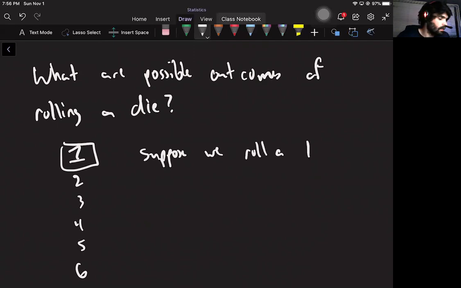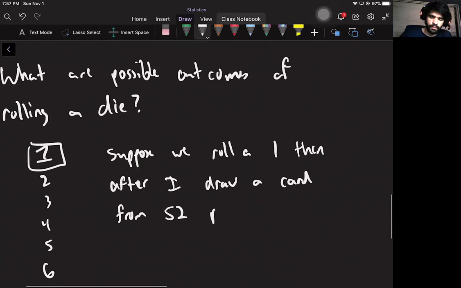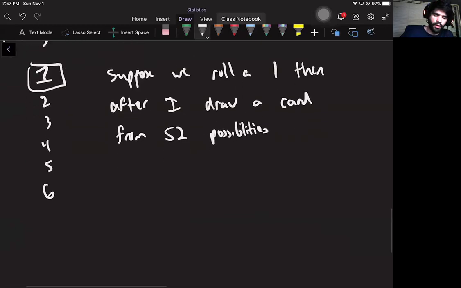So I rolled a 1, and then after, what can happen? I draw a card, but how many cards can I choose from? 52, because that's how many are in a deck. So the idea is that we draw 52 branches coming out of 1, which is why it's called a tree diagram.